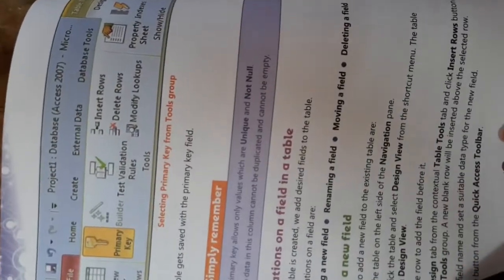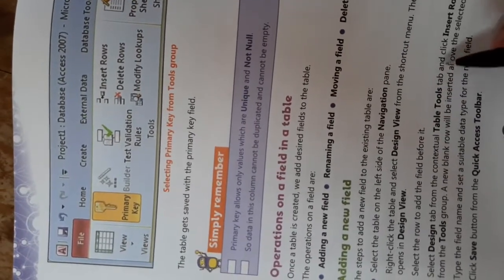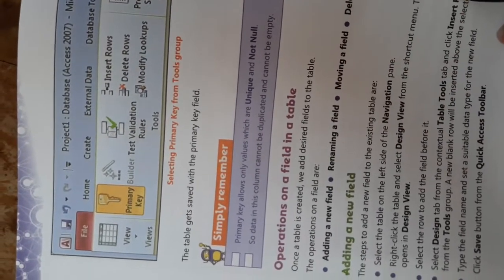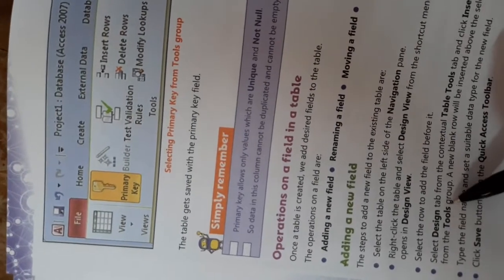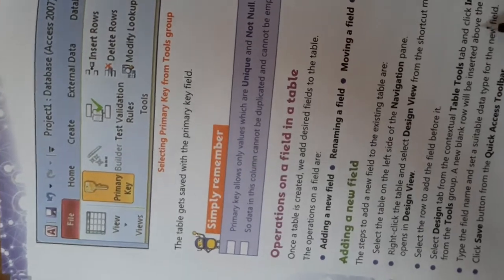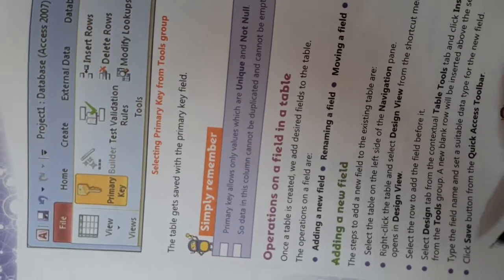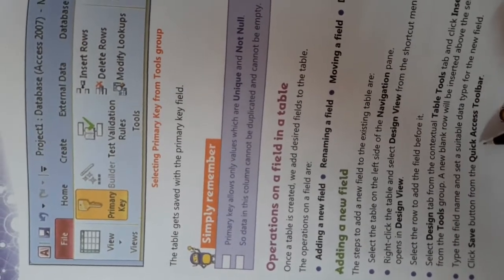Next, select the Design tab from the Contextual Table Tools tab and click the Insert Row button from the Tools group. A new blank row will be inserted above the selected row. Type the field name and set a suitable data type for the new field. Click on the Save button from the Quick Access toolbar.